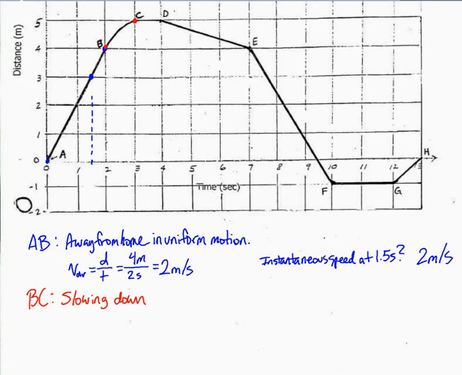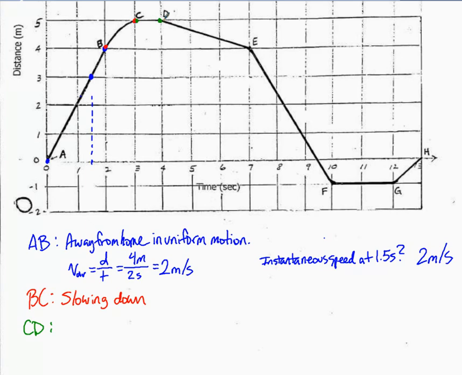Use green for the next one. From point C to point D, what is going on with this section? It's a straight line, which means it's moving at a constant speed, but it's horizontal. And a horizontal line tells us something specific. Refer back to graph D on page 7.